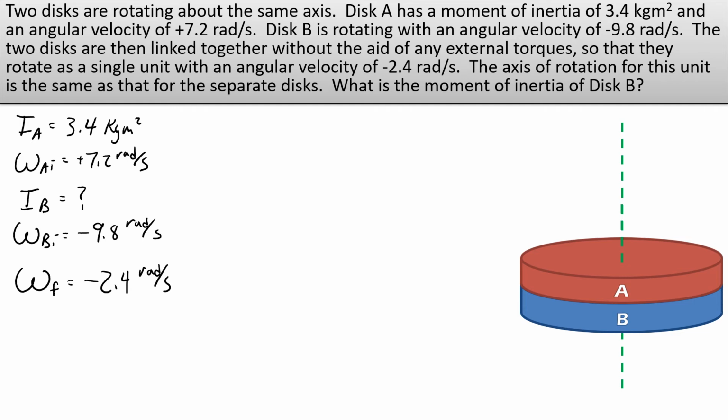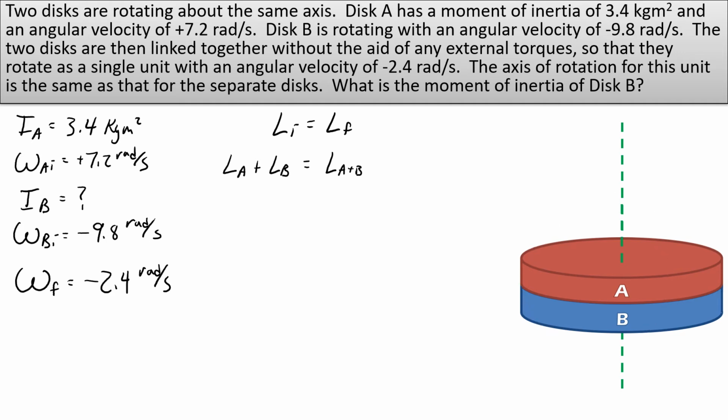Okay, so what is the moment of inertia of disk B? We have our conservation of momentum. Initially, they're separate, so we could say the angular momentum of A plus the angular momentum of B is equal to the angular momentum of A plus B when they're together like this.